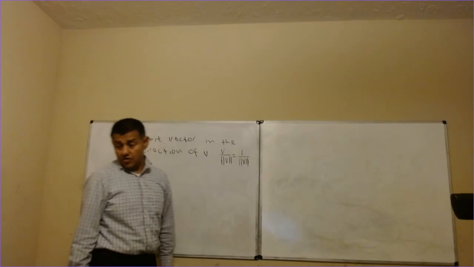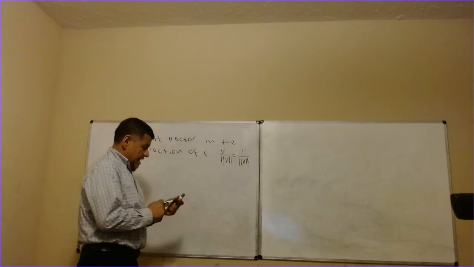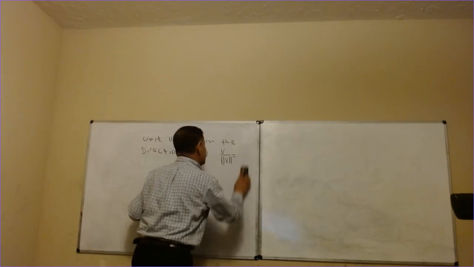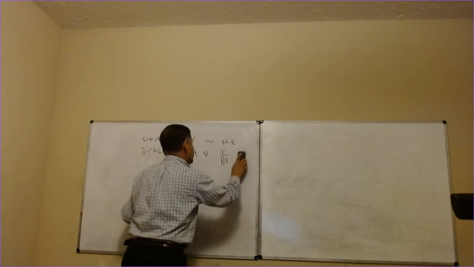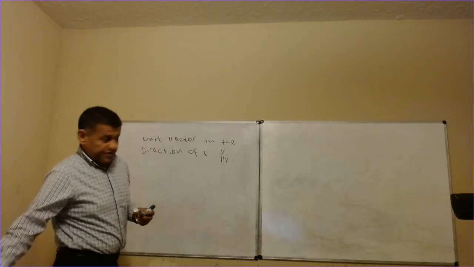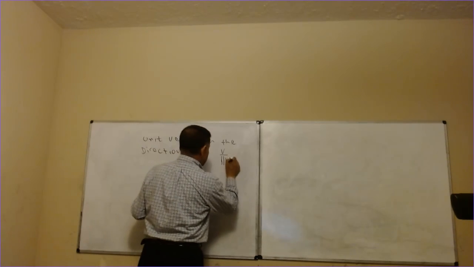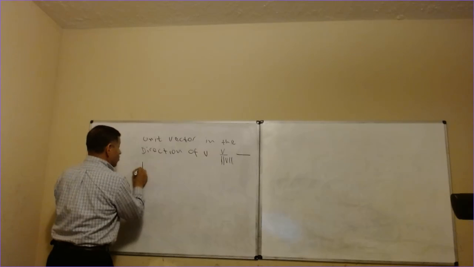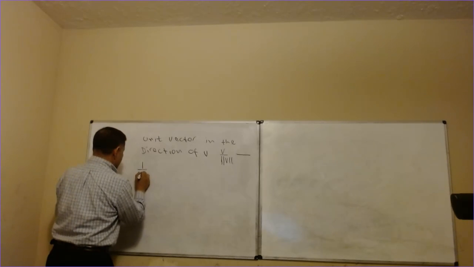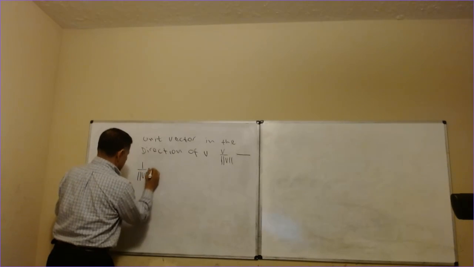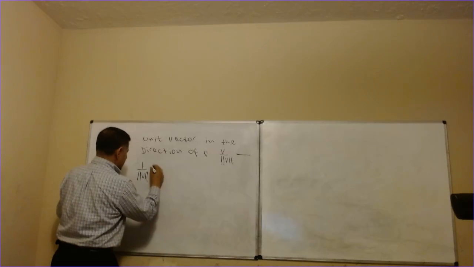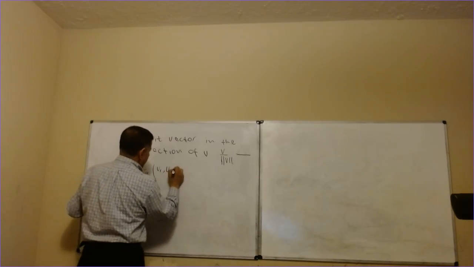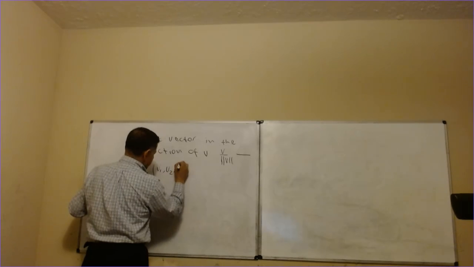And that's how we will actually... I need to put a little more stuff here. So let me just do this and then continue here. And then let me put 1 over the magnitude of v, and then that's going to be multiplied by v1, comma, v2, comma, v3.